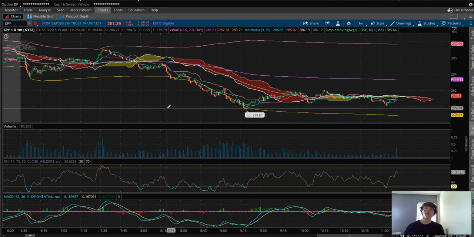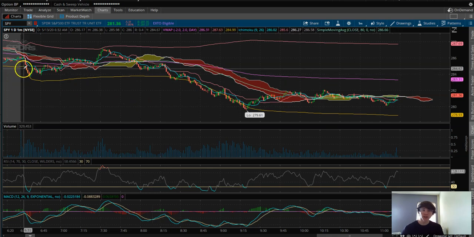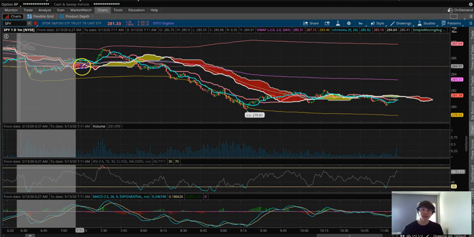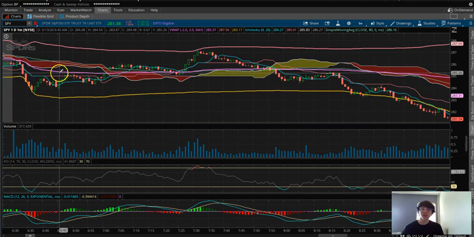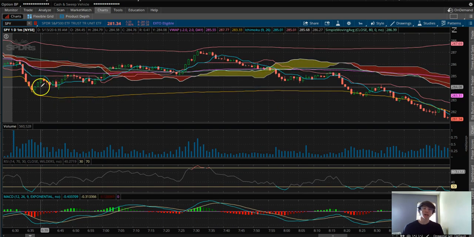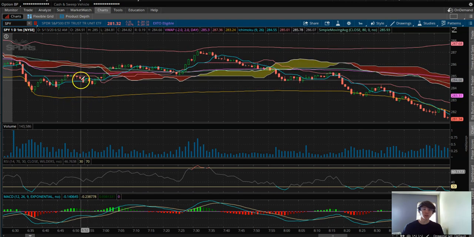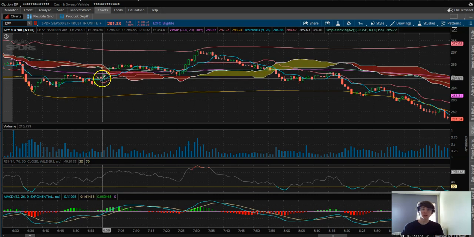Another thing to keep in mind when you are trading is to watch overall movement and general direction. Now, if we look at the beginning of the day here, it tends to use that middle VWAP as a resistance throughout the day, and it's trading in that lower channel. So general direction is pointing towards down, right?